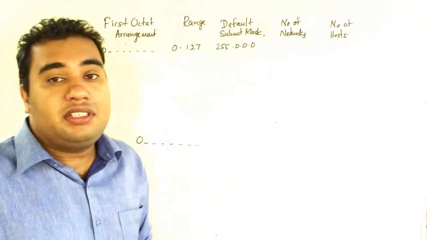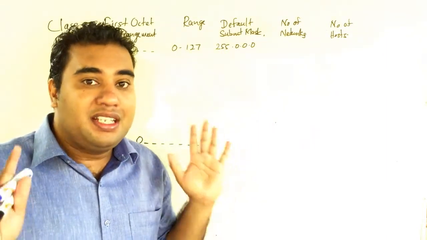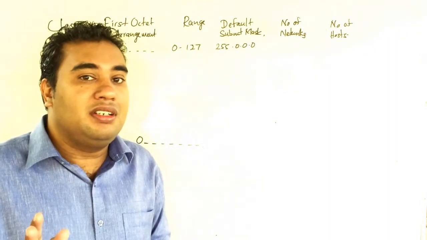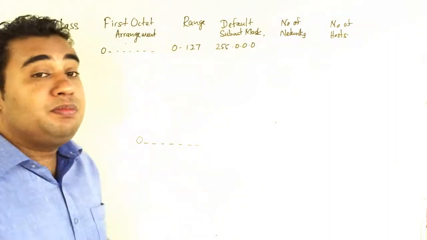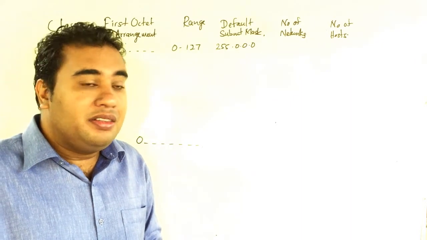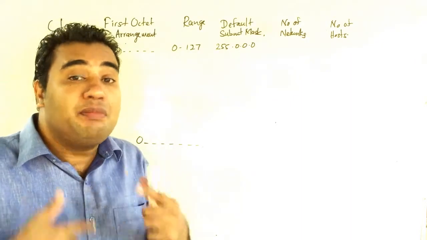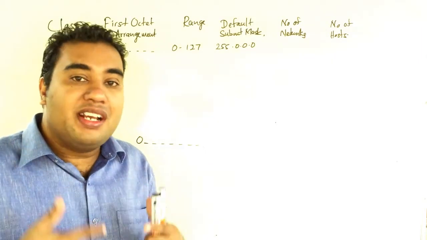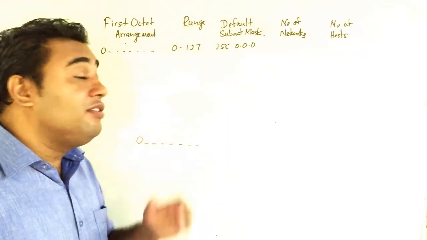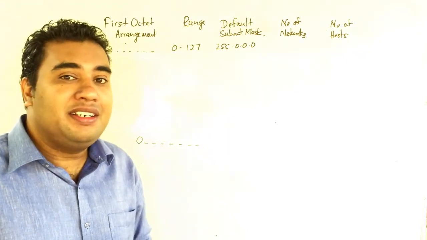So only the first octet represents the network portion. There are 8 bits in the first octet, but the first bit is a constant, which is 0. Then the next 7 bits can be changed to create different network addresses. So how many networks can be created using this?